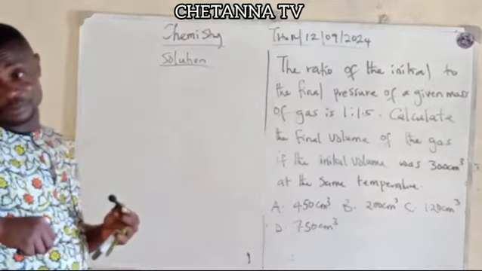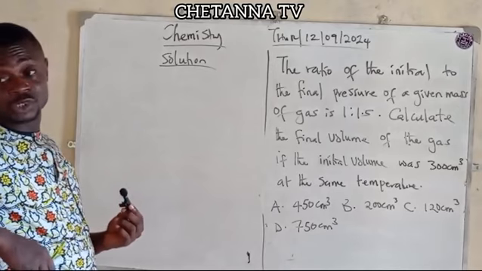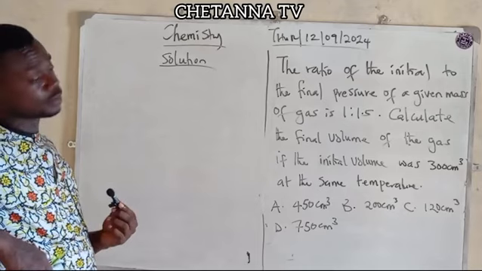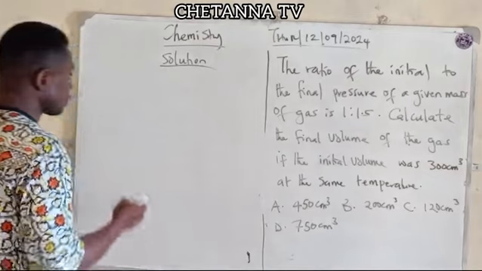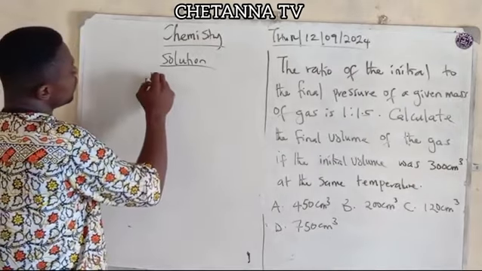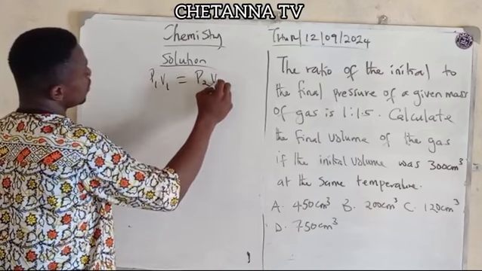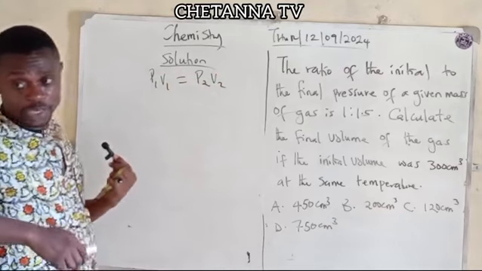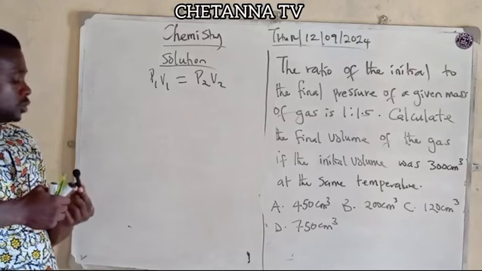Now, ratio has entered. If you don't know how to handle ratios, you will not be able to solve this question. Now, let's go to the formula first. Remember that V1 is equal to what? V2. Okay? Good.